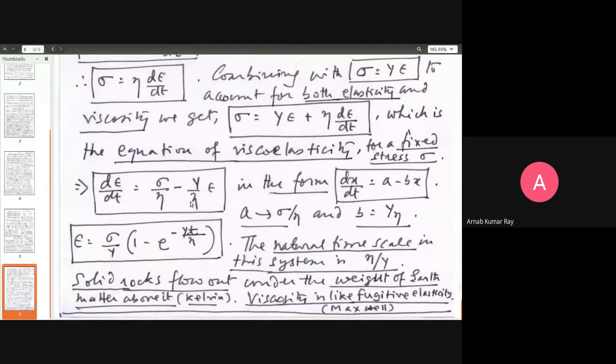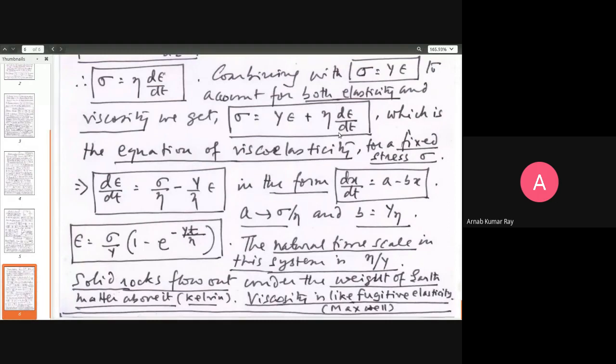Once again, sigma is a fixed stress, Y and eta are fixed parameter values pertaining to the material, Y being the elastic parameter value, Young's modulus, and eta being the viscous parameter value, the liquid or fluid parameter value. So that is what it is.